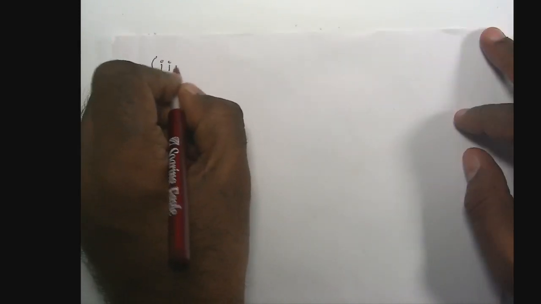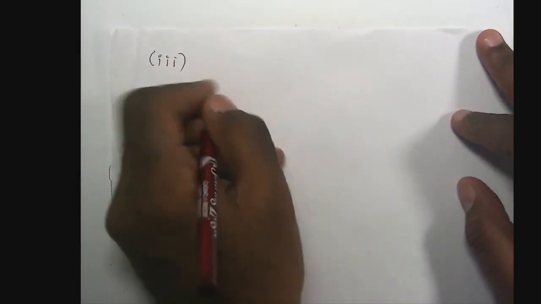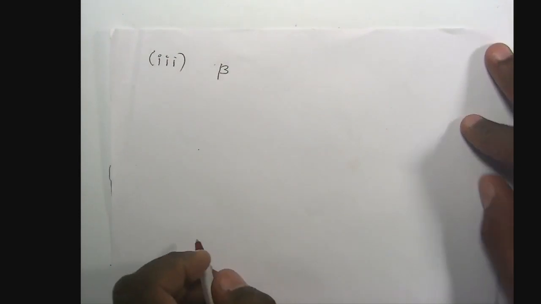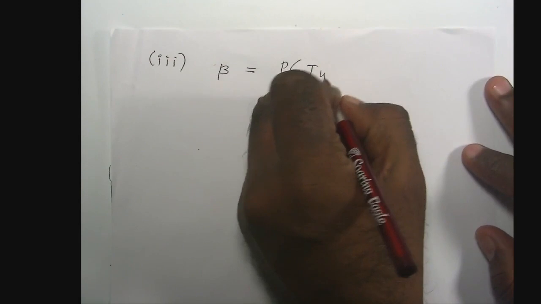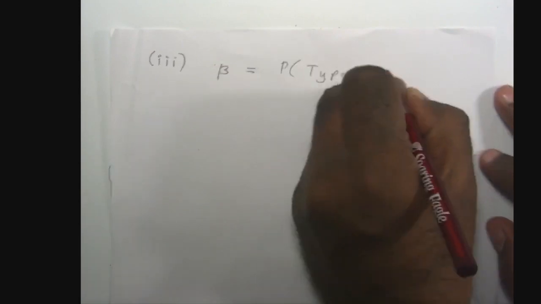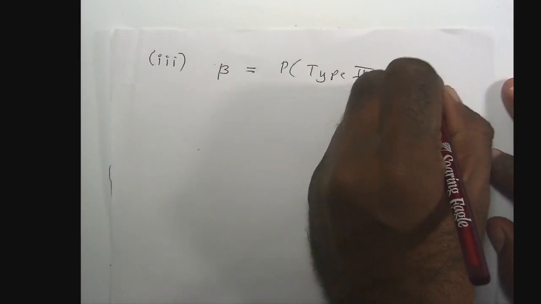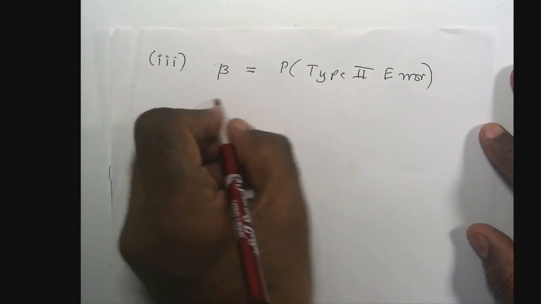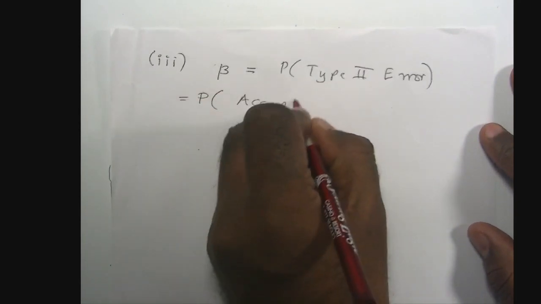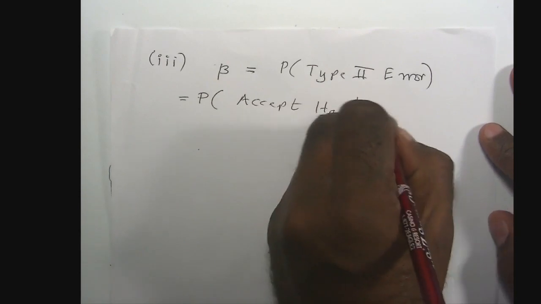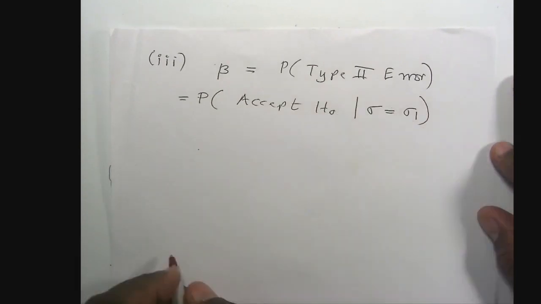Part 3 of question 2 is asking you to find the value for beta. Remember, beta is the notation I have used to denote the probability of type 2 error, right, which is defined as the probability that you accept H0 when H1 is true, right?